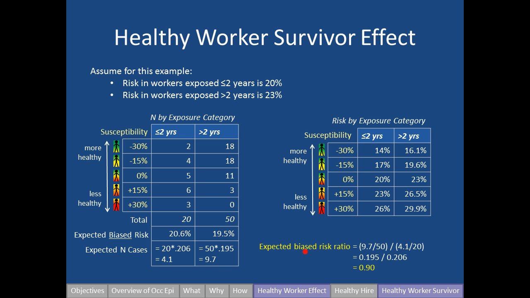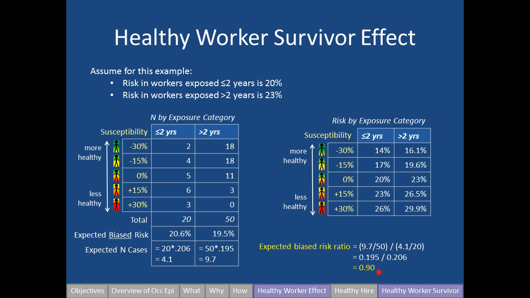So now your risk ratio, you just divide the risk in the exposed group by the low exposed group. And so now our risk ratio, earlier it was 1.2, and now we're getting 0.9. So the effect of the strength of the healthy worker effect is so high that we're actually not just masking the association, so we're not just getting to 1, we're actually going below 1.